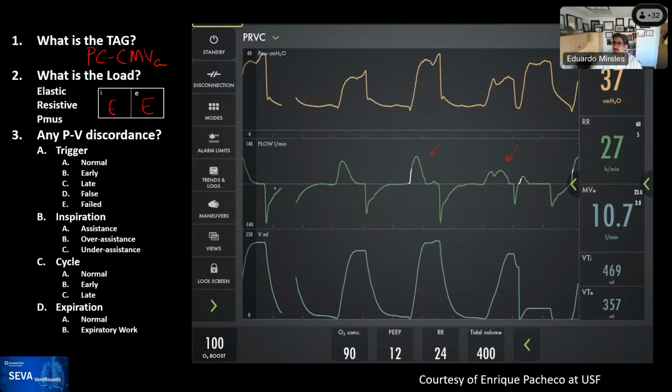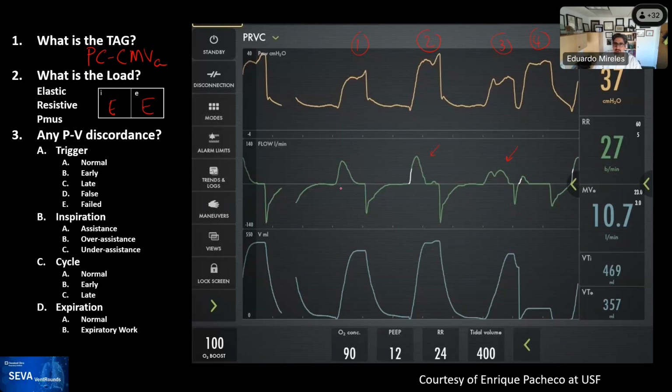There's both occurring there. So let's talk about the trigger. We have different breaths here. I'm not going to count this one as the first one. I'm going to count this one as the first one, the second one, the third one, and it's the fourth. And I'm going to ignore the one that is happening over here. So what's the main trigger problem that you have here?